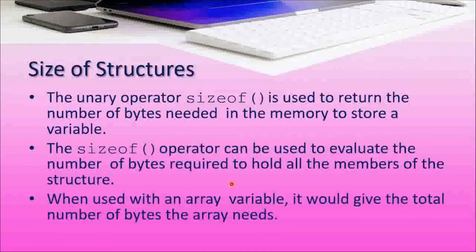So if a structure consists of, say, an integer value and a character array of size 20, then for the character array of size 20, we require at least 20 bytes, and for the integer value, we need another 4 bytes. So a total of 24 bytes is required for a variable of that particular structure to be stored.